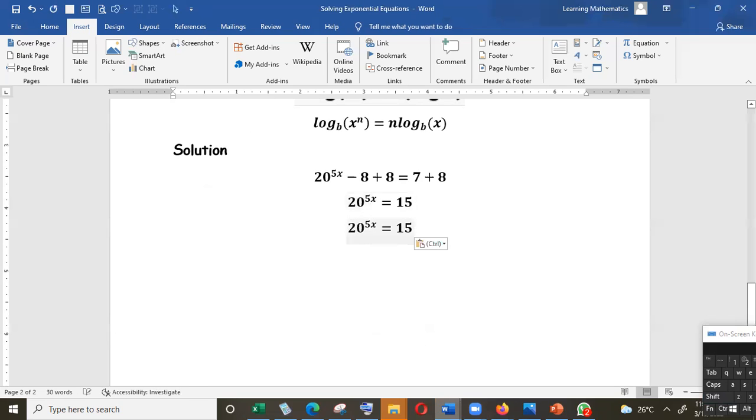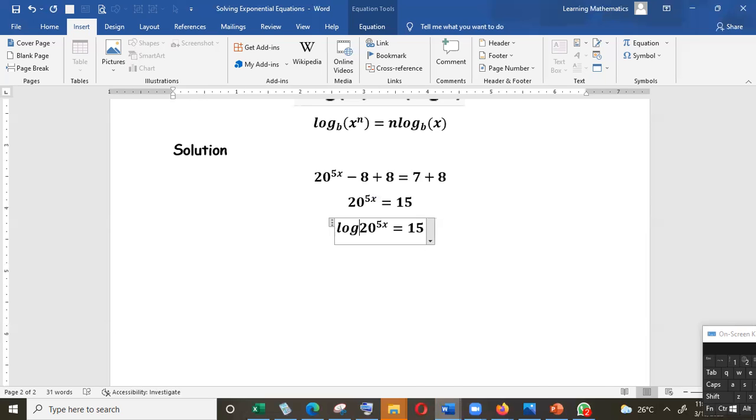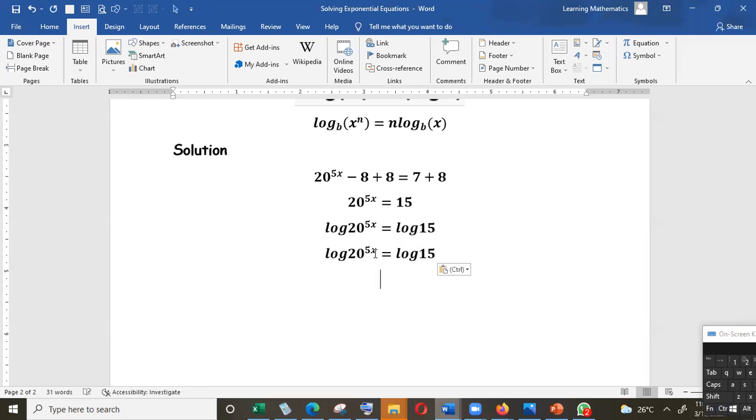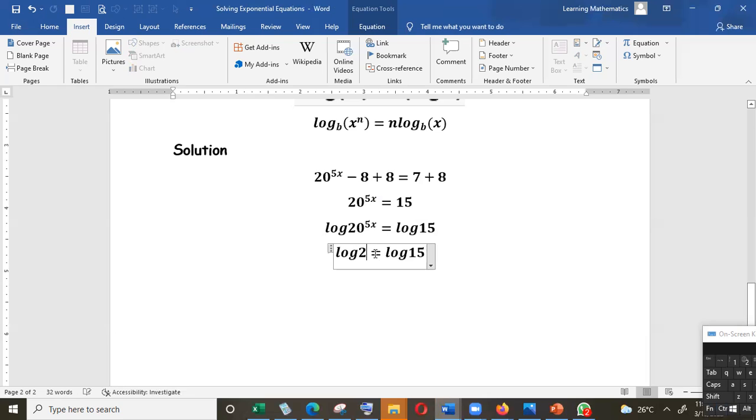So we're going to use log to the base of 10 in this one. So log of 20 raised to the 5x is equal to log of 15. What you do on the left, you have to do on the right. By applying the log, 5x can be written in front of the log.